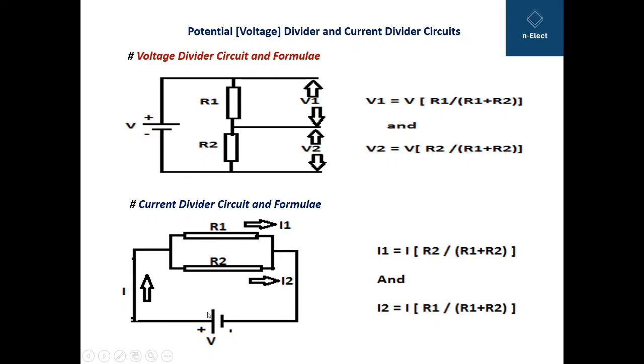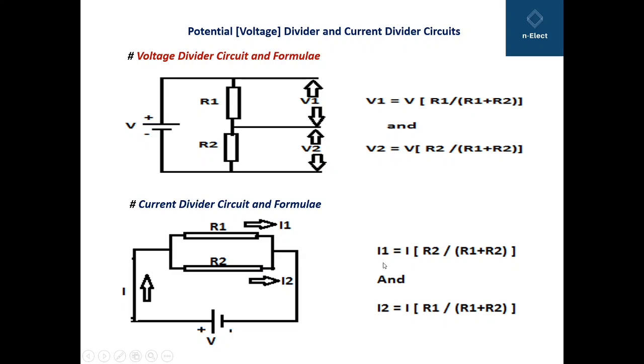So far as the current divider circuit and the formulas associated with it are concerned, here you can see the battery connected and the current flowing like this up to this point. From this point, depending upon the values of the resistances R1 and R2, some current will flow through R1 and some current will flow through R2. These currents add at this point, and the total current again flows out and reaches the negative terminal.